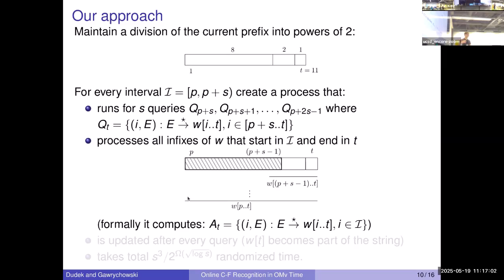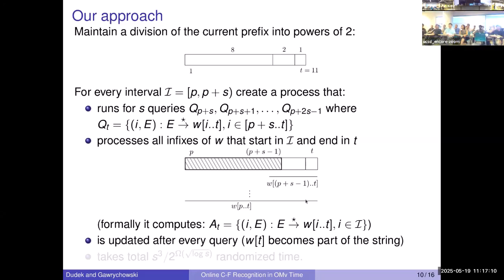So this is what happens in a single process. Then we add one character and the process updates to learn what happened. And we show that it takes total s cubed divided by 2 to the Omega of square root of log s. So that will be a single process.